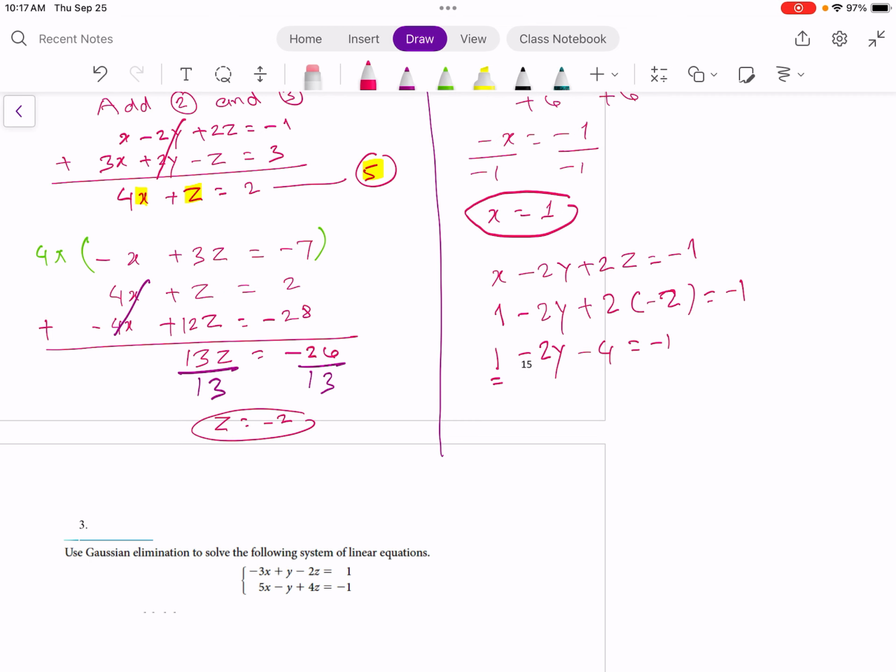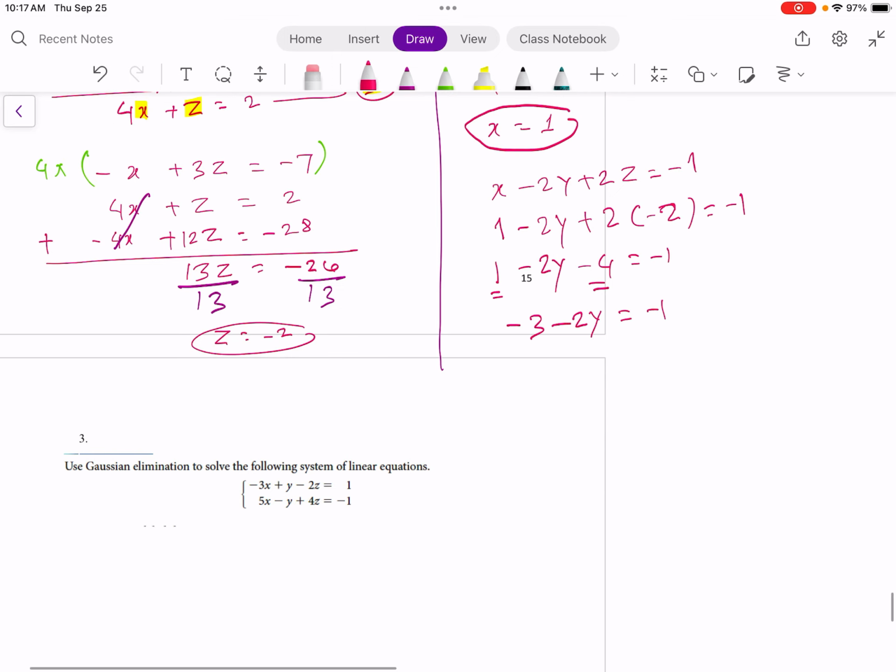So 1 minus 4 is negative 3, minus 2y equals negative 1. We add 3 on both sides. So we have negative 2y equals positive 2. We divide both sides by negative 2 and y is equal to negative 1.